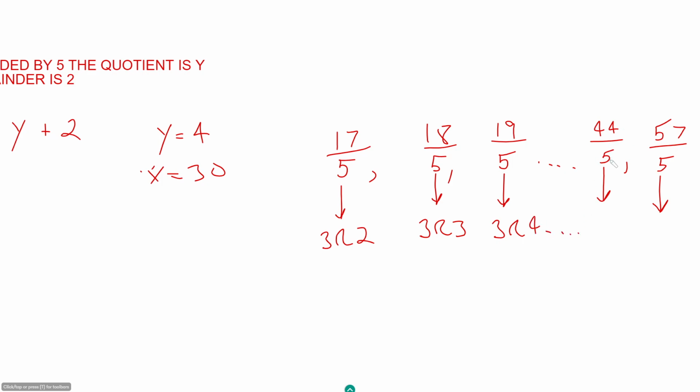This one, what would this be? I believe as close as you can get is 40. So that's 8 remainder 4. And this would be 55, as close as you can get. So 11 remainder 2. So how did we get each of these answers?